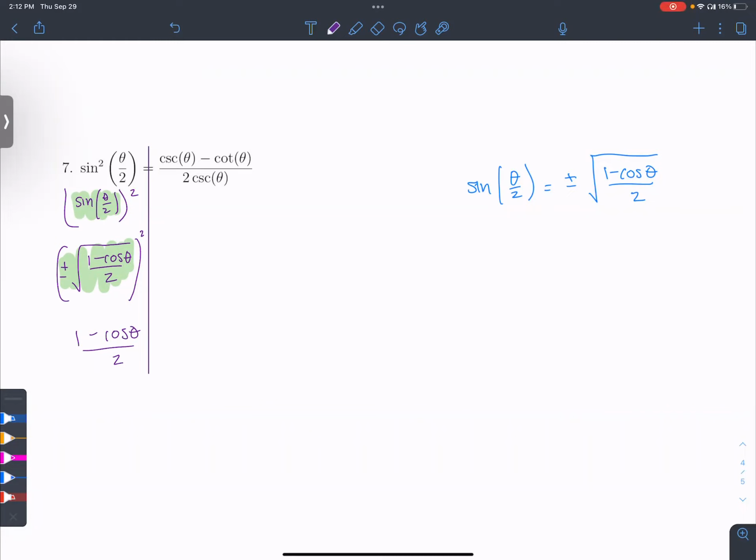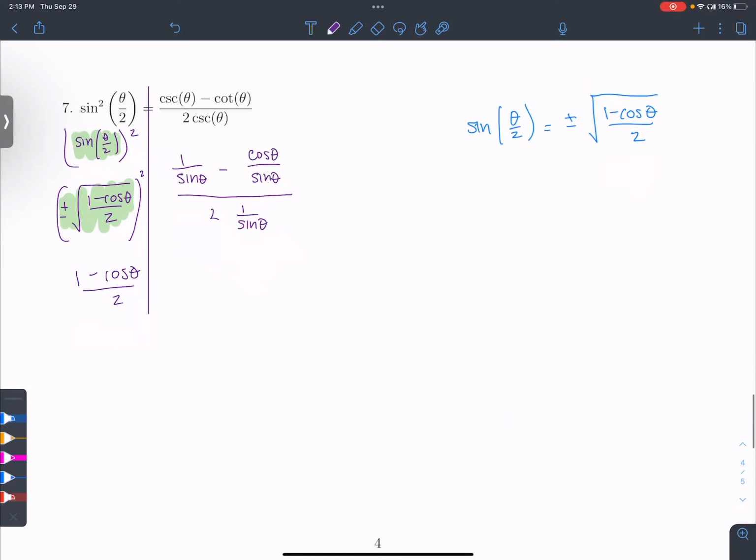And what I'm going to do then is go on this other side and get everything in terms of sine and cosine. So I have 1 over sine theta for cosecant. Cotangent is cosine theta over sine theta. On the bottom, I have 2 times 1 over sine theta. This is good. So what we're going to do right now is combine the top into one fraction.